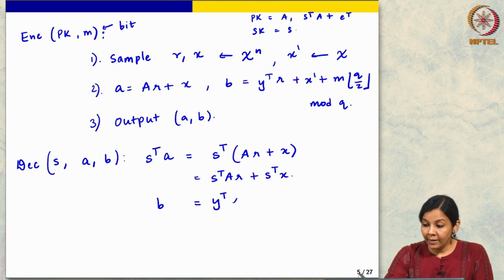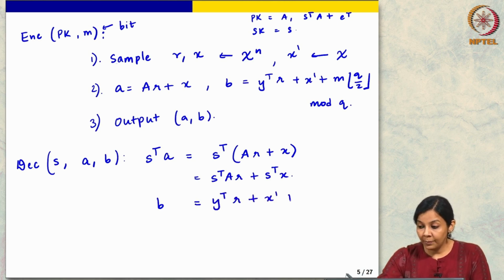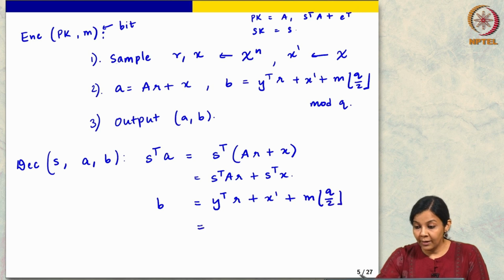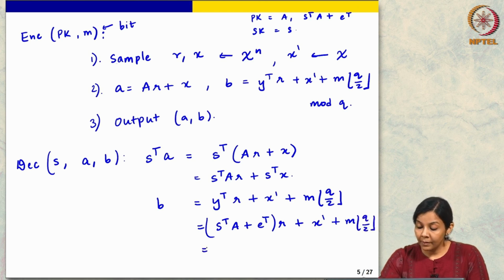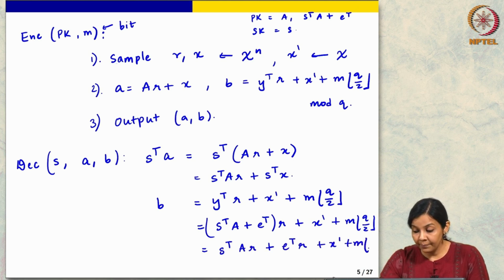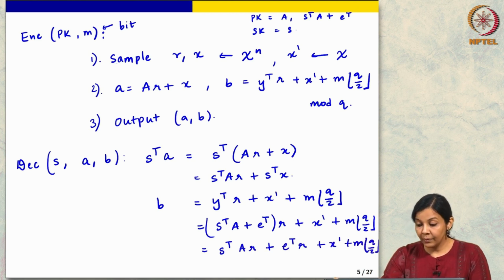B is Y transpose R plus X prime plus M Q over 2. Let me expand. Y was S transpose A plus E transpose, times R plus X prime plus M Q over 2. So this is S transpose AR plus E transpose R plus X prime plus M Q over 2.